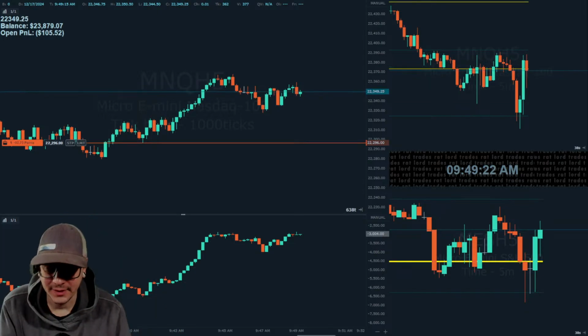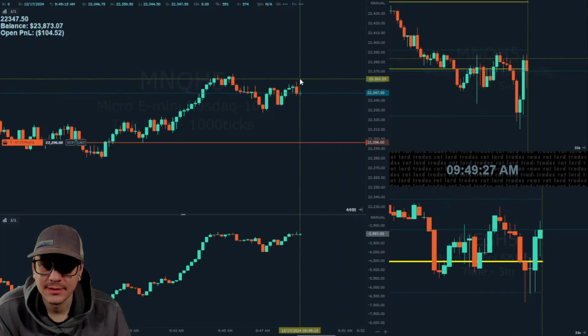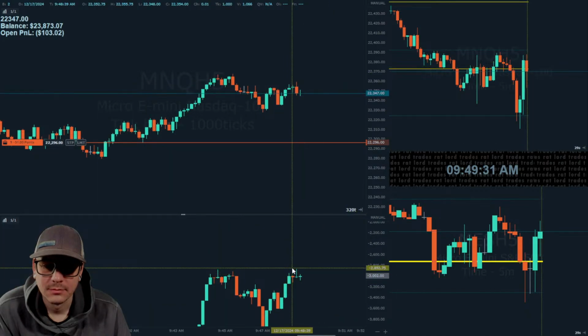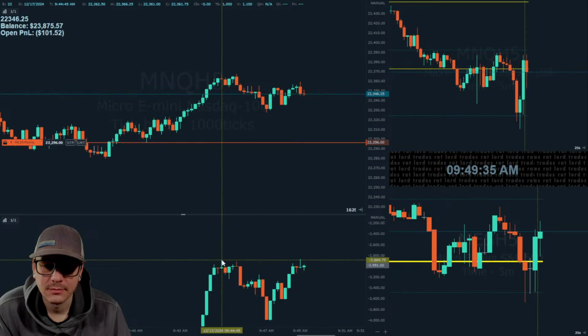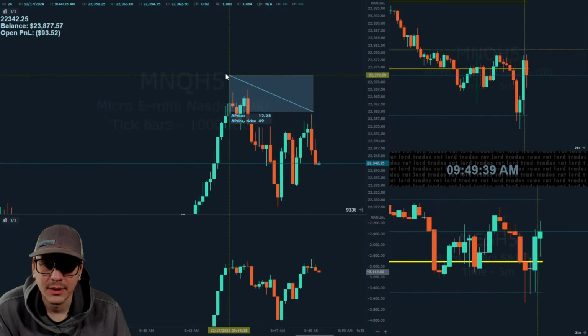If I were to add up here, then we're definitely going to go up and take out the highs. This delta made equal highs a little bit higher, but price did not.